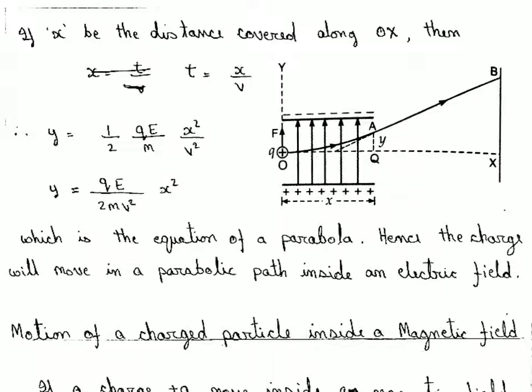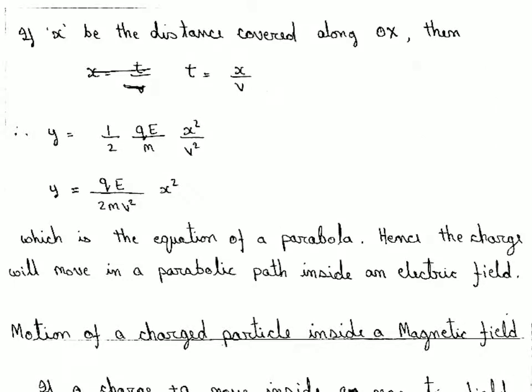So hence we have y equal to qE divided by 2mv squared, and all these are constant, then we have x squared. So this equation is the equation of a parabola. Hence, if your charge is moving inside an electric field, it will move in a parabolic path.